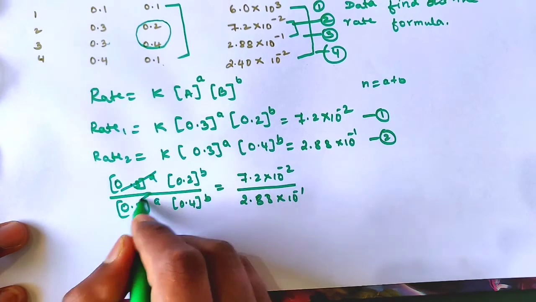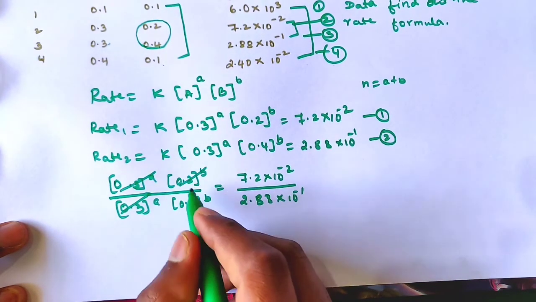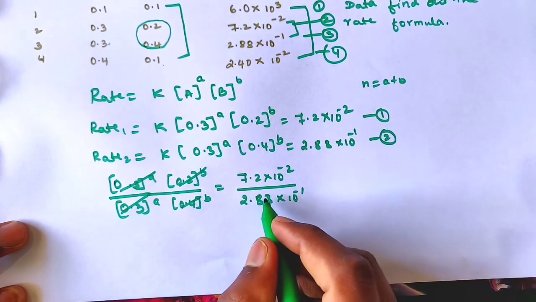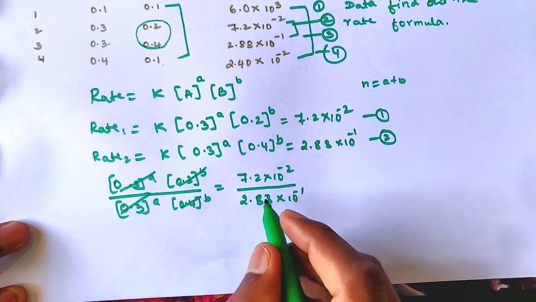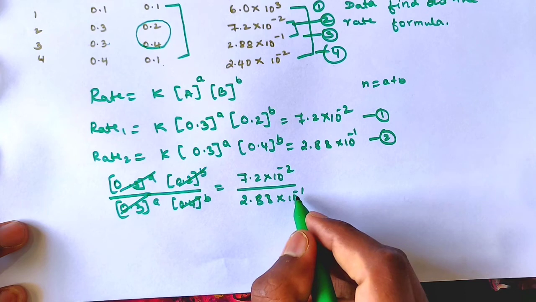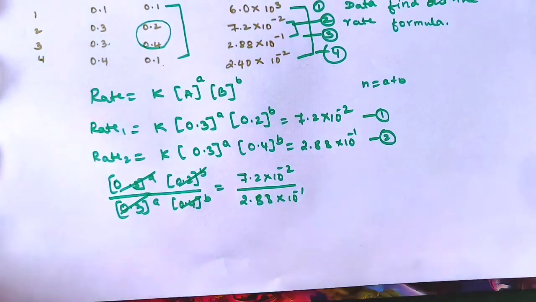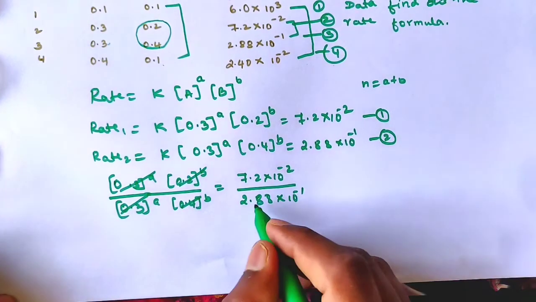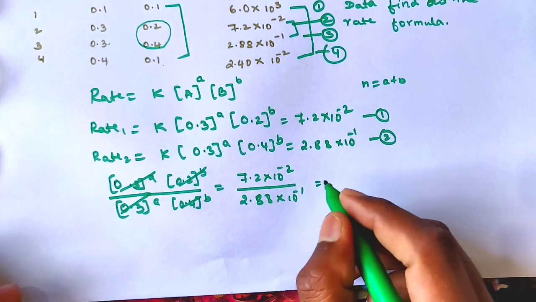So 0.3 gets cancelled. Here 1s are, 2s are. Here also, how much will we get? 1s are, and 10 to the power of minus 1 is there, it will become 28.8.